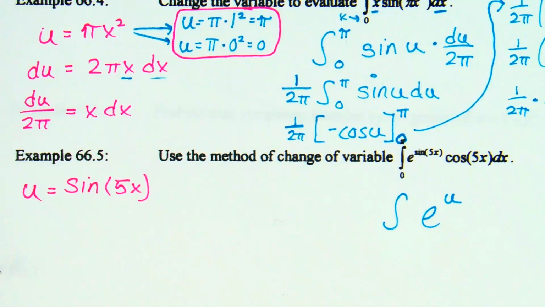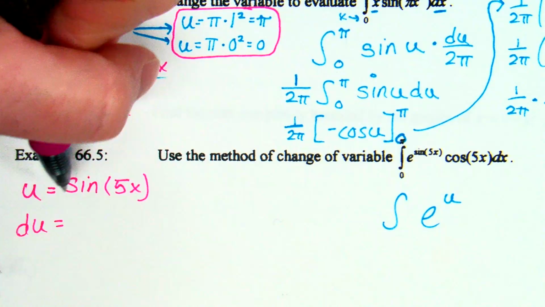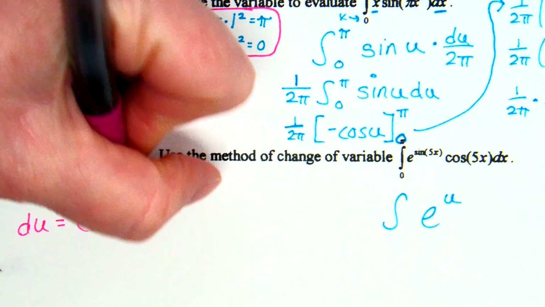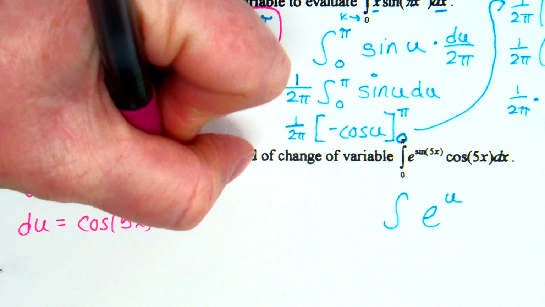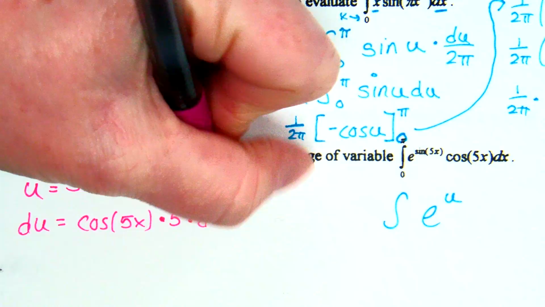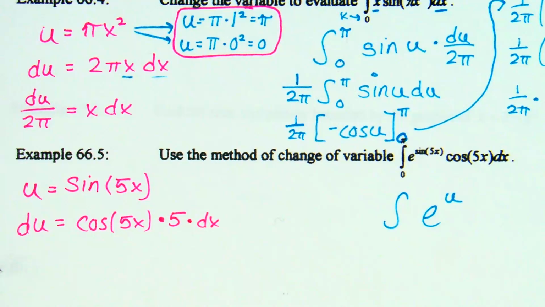If u is sine 5x, what is du? The derivative of sine of something is cosine of something times the derivative of something. What's the derivative of 5x? 5, and then times dx. What matches up?